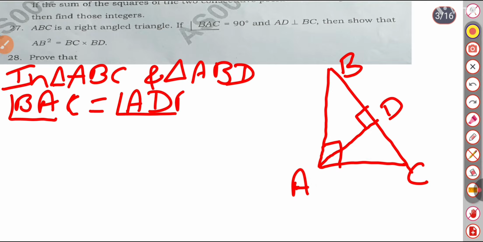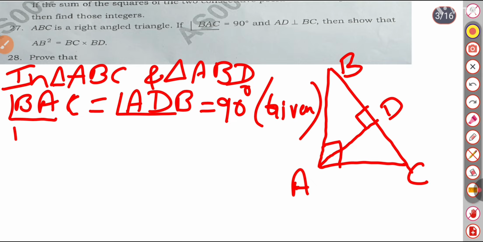So for the big triangle it is angle BAC. Angle BAC is equal to, in small triangle ABD, the angle which is 90 degrees, that is angle ADB. Angle ADB is equal to 90 degrees, it is given.